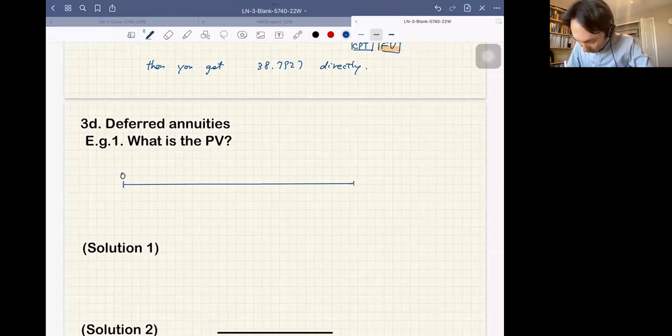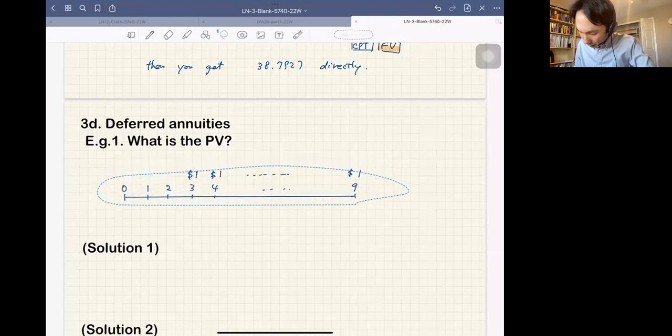So we consider 7 payments starting at t equals 3. So that means that we have a $1 payment at 3, 4, 5, 6, 7, 8, 9. So 7 payments.